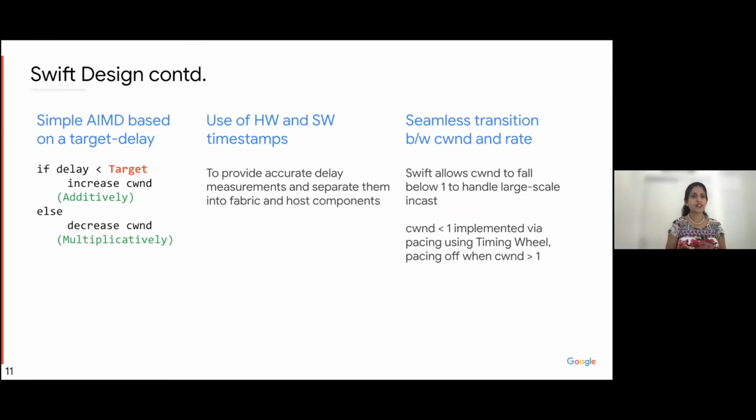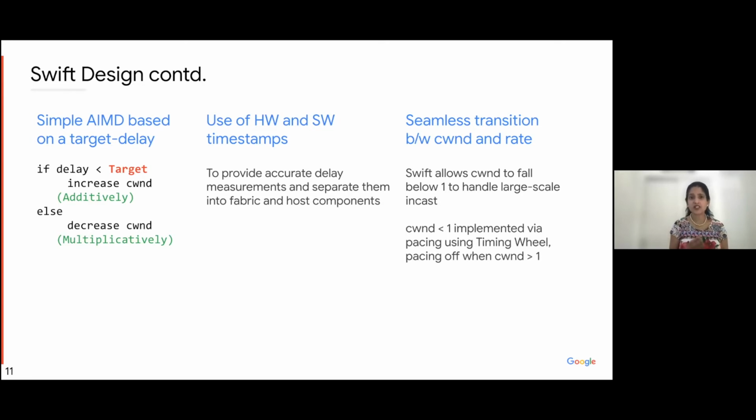It's actually a very simple additive increase, multiplicative decrease algorithm, the well-known AIMD mechanism that is used in many congestion controls. And it uses a simple AIMD based on the target delay. For example, the set target delay is a key variable in Swift.